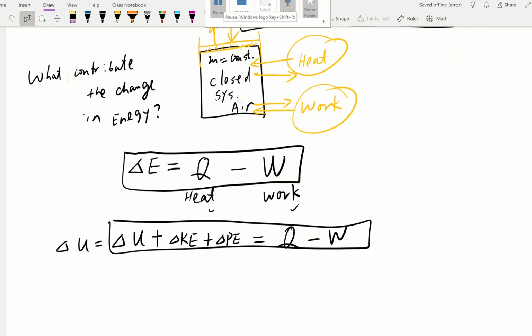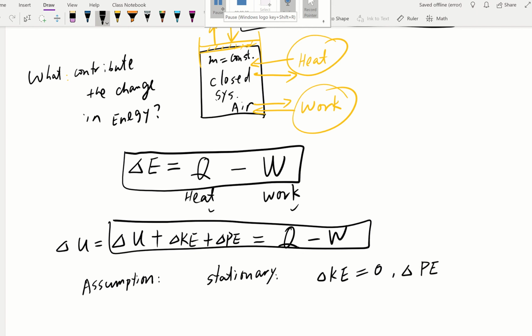But now I'm going to assume things. In the engineering field, we like to make assumptions. The assumption we're going to make here is that this system is stationary. If it's stationary, we know there's no speed change, which means the change in kinetic energy is 0. And the same thing, there's no altitude change, so there's no height difference.